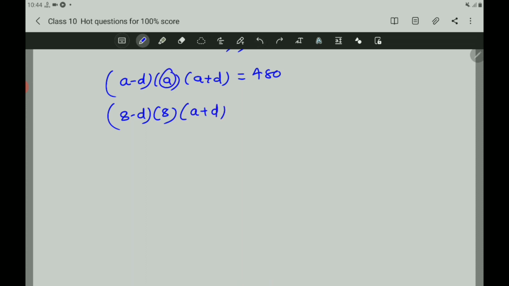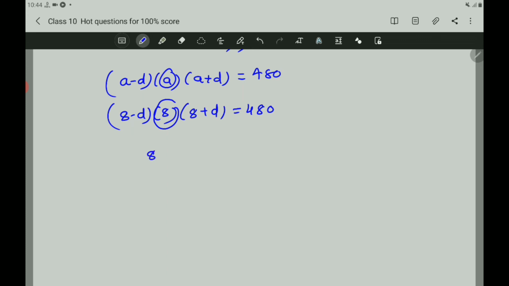So it becomes 8 minus D into 8 into 8 plus D equals 480.